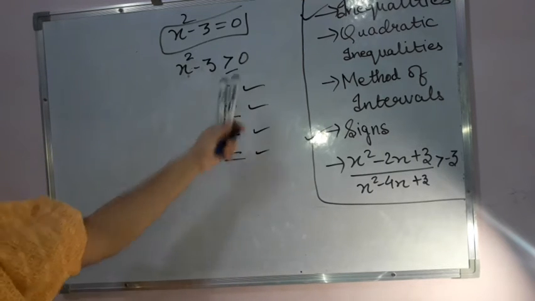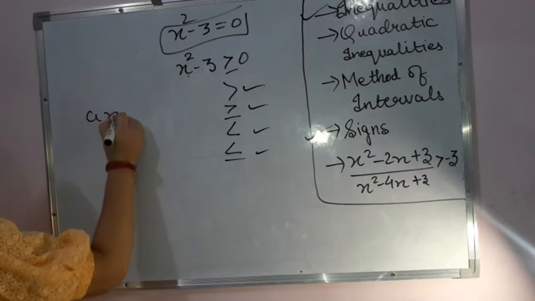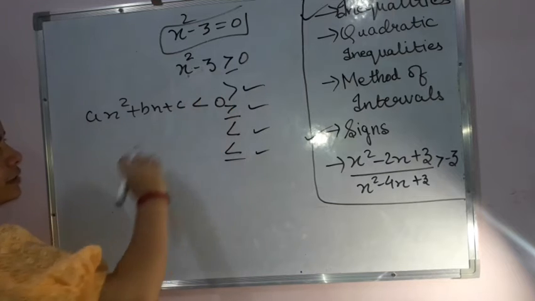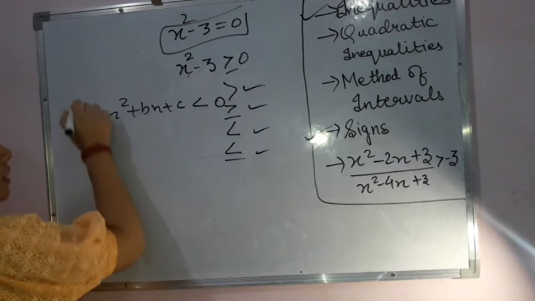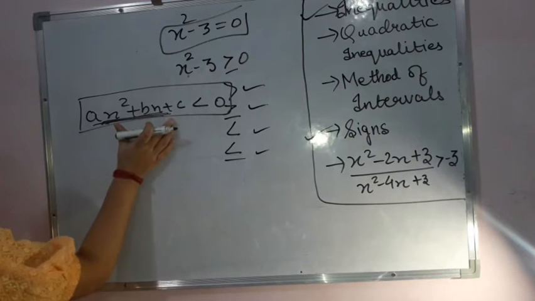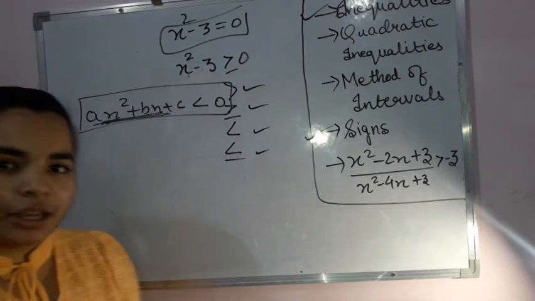Right? This is how a quadratic inequality is represented. The general way of writing could be ax square plus bx plus c is less than 0, greater than 0, whatever the sign may be. This general form of the quadratic equation with the inequality sign becomes my quadratic inequality.